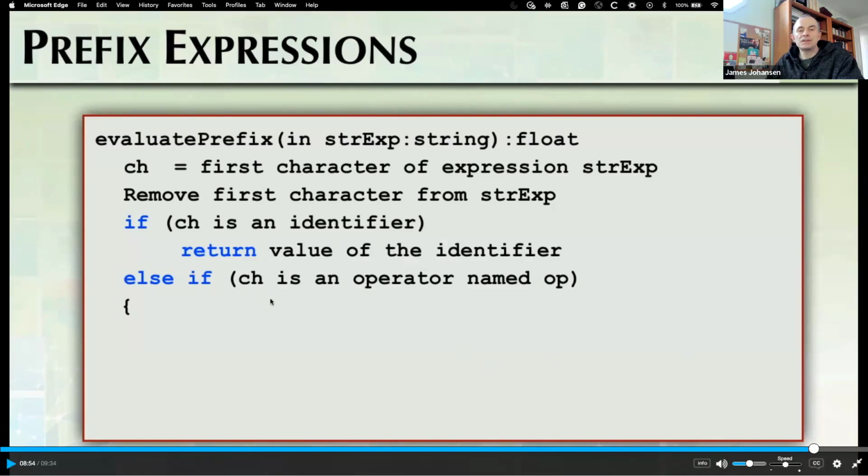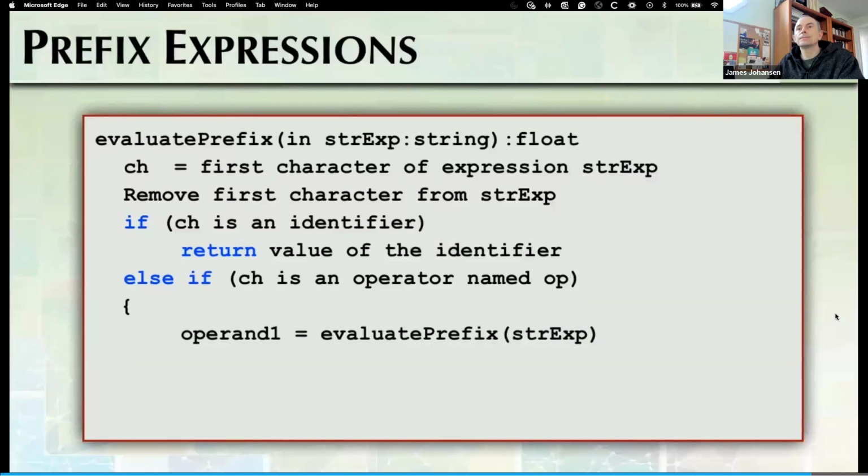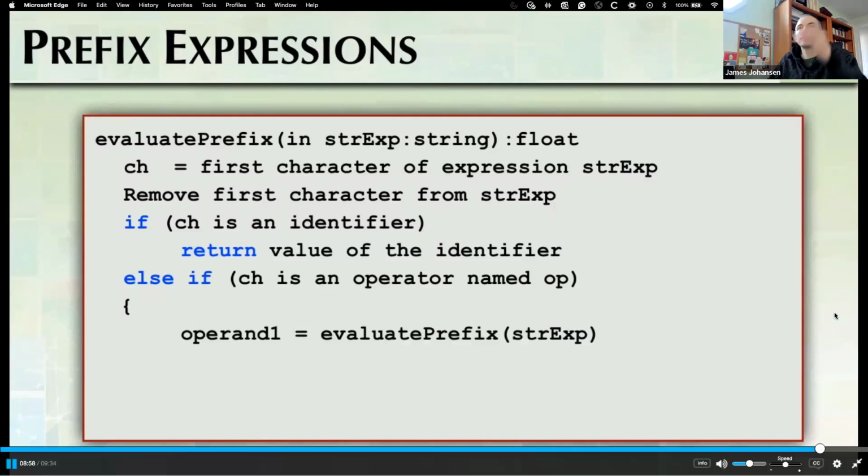This is a nice middle step. We're developing the pseudocode of how we're going to do this prefix expression conversion. So the next thing we do is evaluate the next prefix expression.